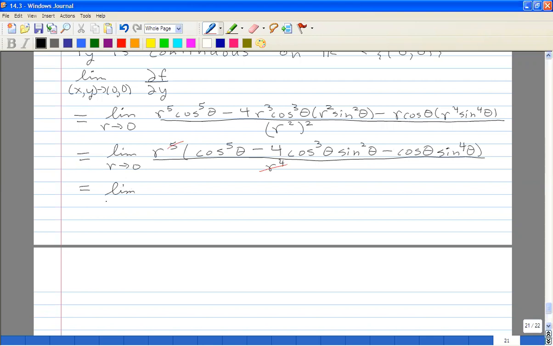So this is the limit as r goes to 0 of r times cosine to the fifth theta minus 4 cosine cubed theta sine squared theta minus cosine theta sine to the fourth theta. And as r goes to 0, this just goes to 0, since you have something going to 0 times something that is bounded.